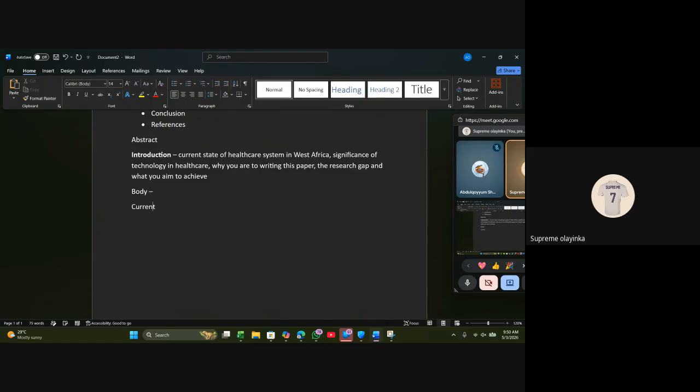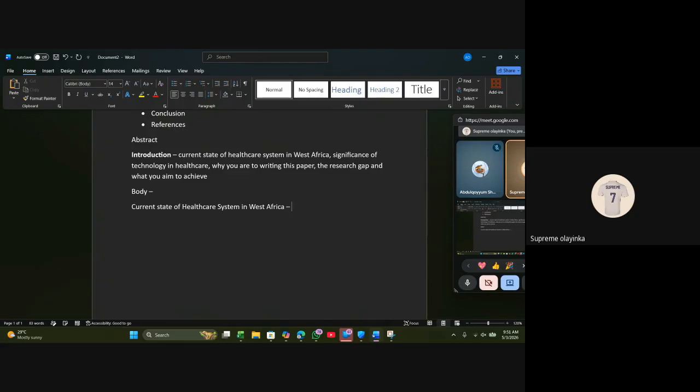Now you can write current state of healthcare system in West Africa. In this place, you would give us the statistical values.